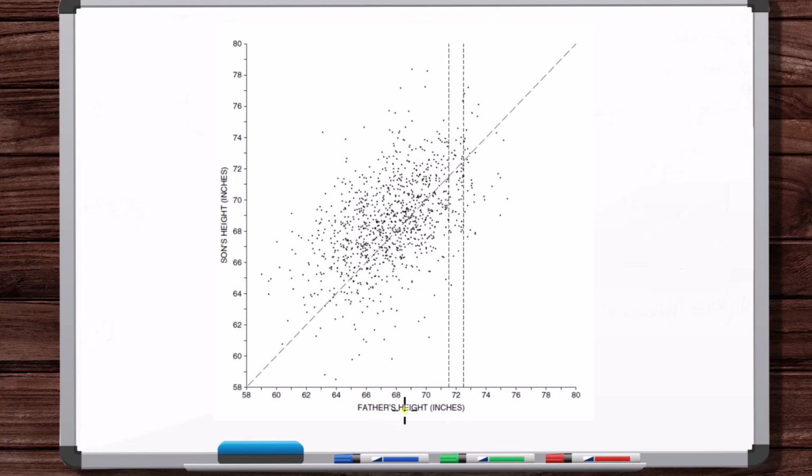Meaning, if we bring in a new father-son pair, and we know the height of the father is 66 inches, we want to predict as accurately as we can what the height of the son would be. That's regression. Well, okay, I take that back. That's technically curve fitting.